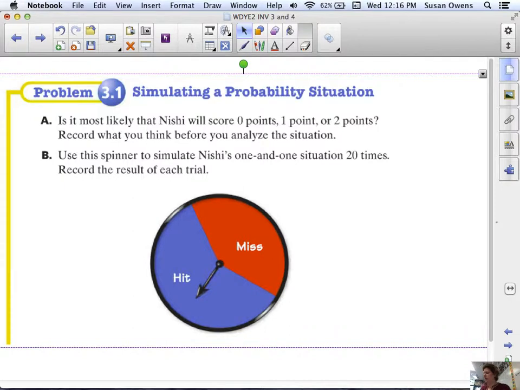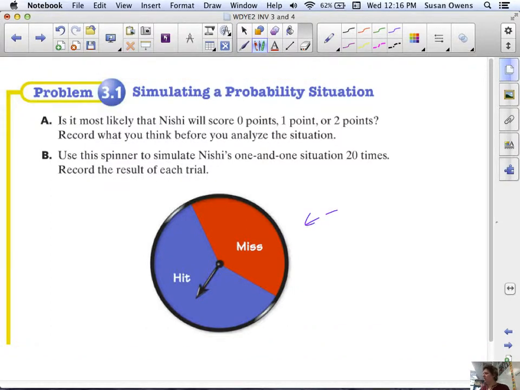Then you're going to do a simulation. You're going to make a spinner, and then you're going to do one-on-one situations 20 times. So in the end, you're going to end up spinning at most 40 times. To make this spinner, you want to split it into divisions equal to 10.